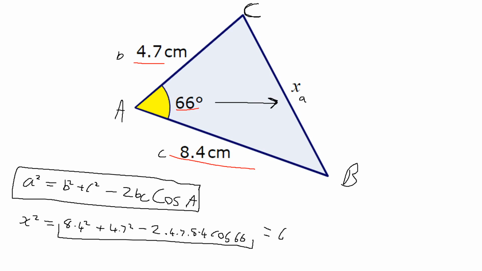X squared I get as 60.53. Okay? If you didn't get that, remember these are multiplied. You can do that if you want to. And so therefore x is simply going to be equal to the square root of 60.53, which is equal to 7.78 centimeters. Okay?